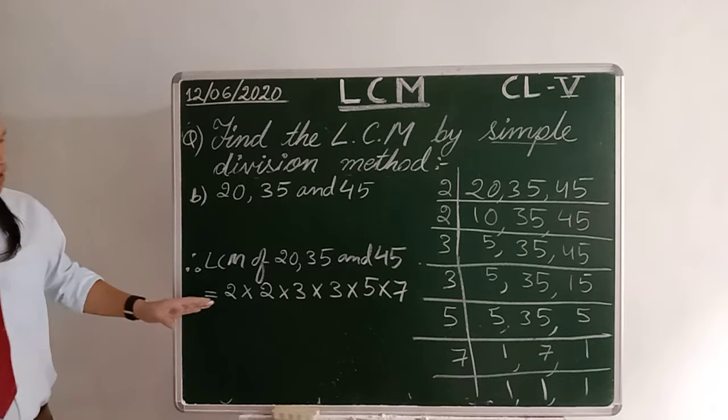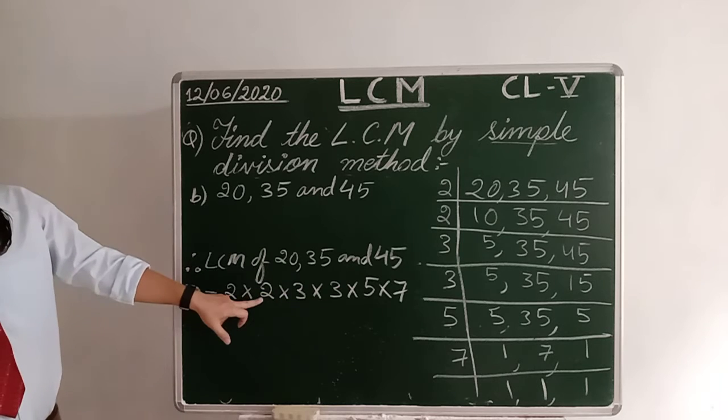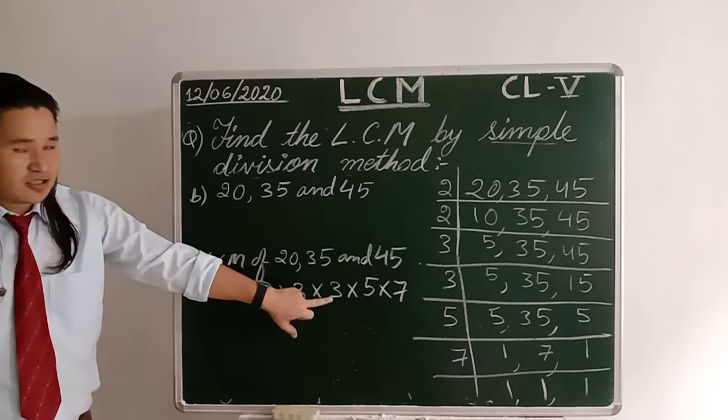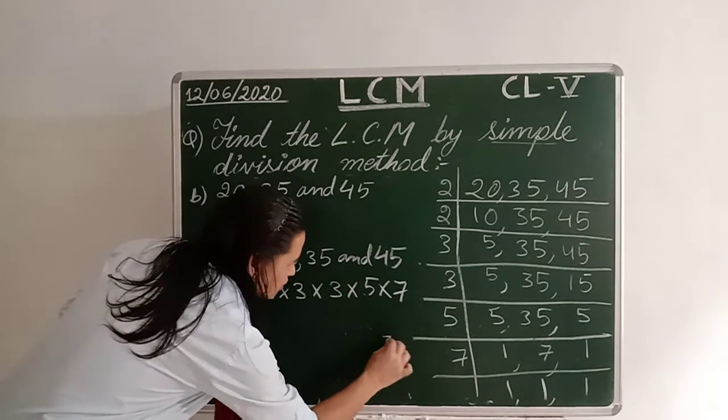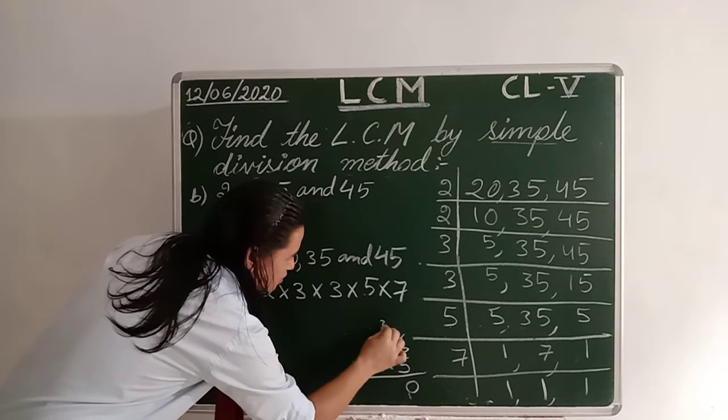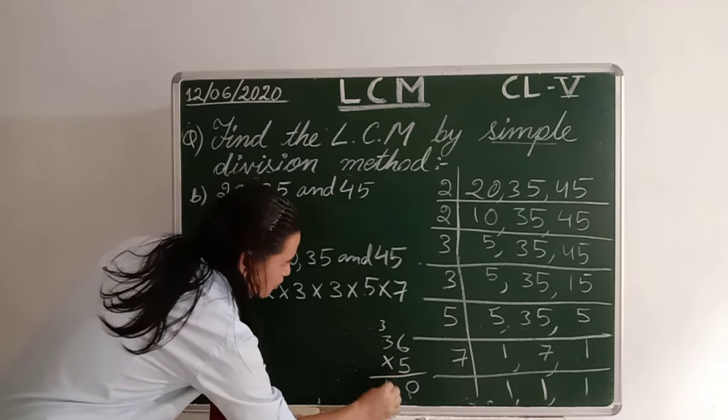Now you multiply all the numbers. 2 2s are 4, 4 3s are 12, 12 3s are 36, 36 5s are 36 into 5. 5 6s are 30, carry over 3, 5 3s are 15 plus 3, 180.